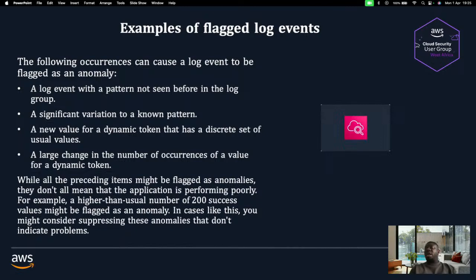Now, it says that while all the preceding items might be flagged as anomalies, they don't all mean that the application is performing poorly. It just means that there are some anomalies. For example, a higher than usual number of 200 success values might be flagged as an anomaly.